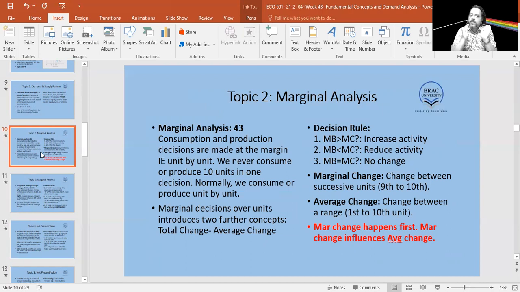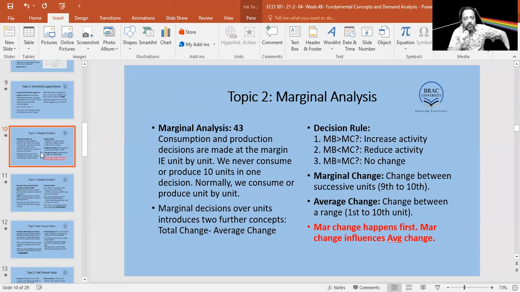The units may be in 10,000. So the next unit will be 10,000 to 20,000 bottles if we are making bottles for a pharmaceutical company. Whatever it is, the marginal change means we're moving from the 9th unit to the 10th unit.